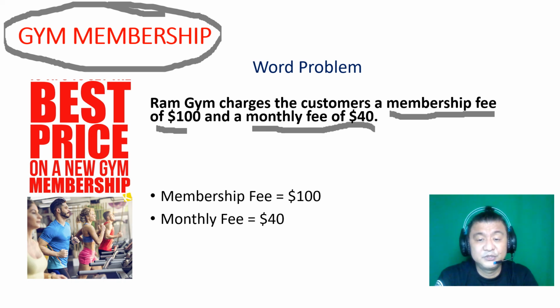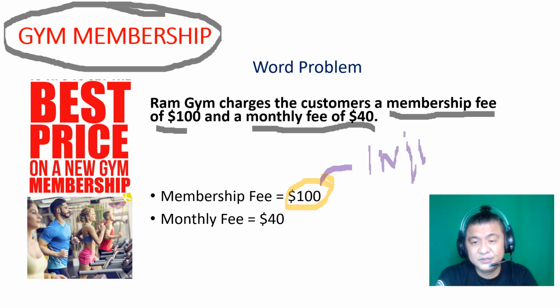Now, that membership fee of $100, since you have to pay that immediately, whether you're going to attend the monthly session or not, you'll have to pay the 100. That is called the initial value. I repeat, initial value is the first amount you'll have to pay at, you could say, at month zero. You haven't started. That's the initial thing you need to pay.